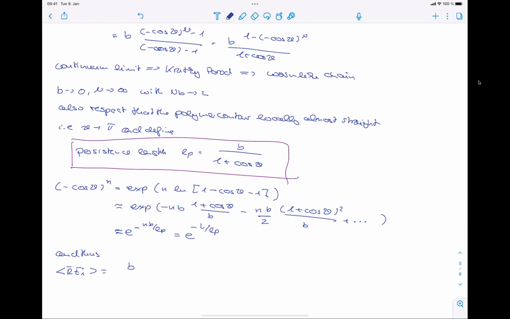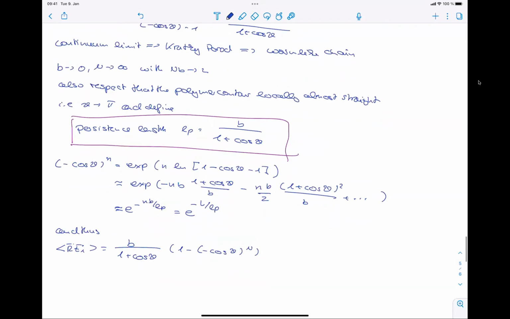So we actually had this structure popping up here, cos theta, 1 minus cos theta to the power of n. We can now identify what we have here is a persistence length and 1 minus, and identifying this exactly.